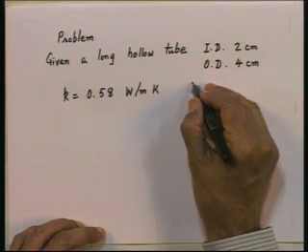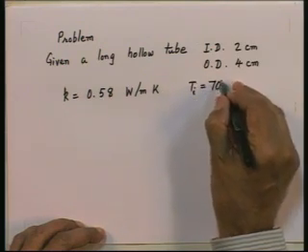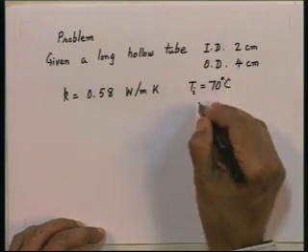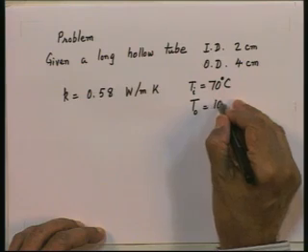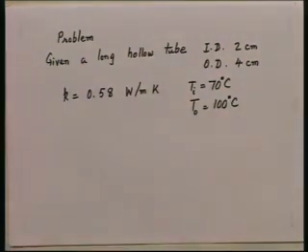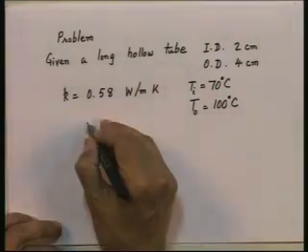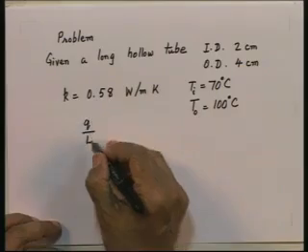And let us say the inner circular face is maintained at a temperature of 70 degrees centigrade, and the outer face is maintained at a temperature of 100 degrees centigrade. This is the given data. Find the value of Q by L, the heat flow rate per meter length of the tube.